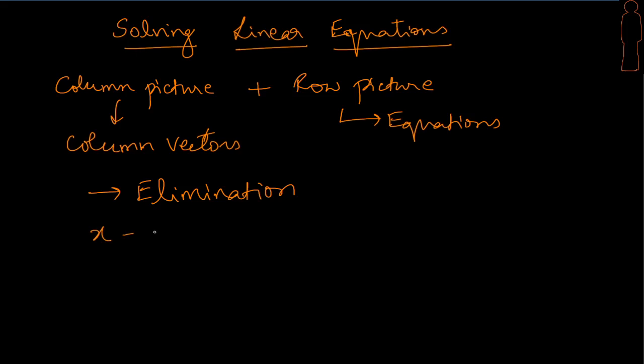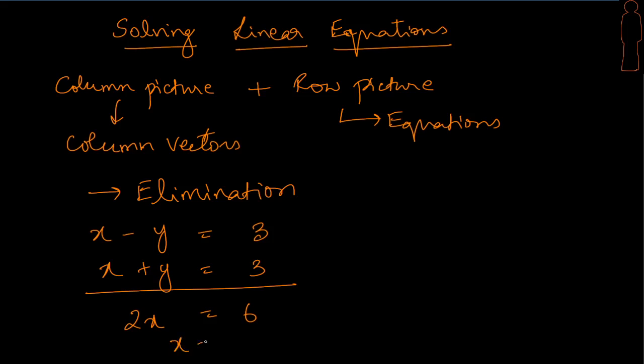Let's say that we have x minus y equal to 3 and x plus y equal to 3. If we are asked to solve this, the typical way is to add the two equations and say 2x, the y's get cancelled, 2x equal to 6 and therefore x is equal to 3. We substitute this in any one of the equations and we get y is equal to 0.